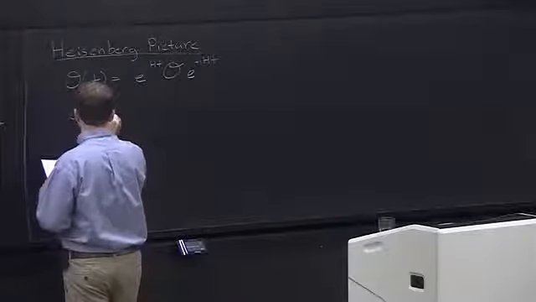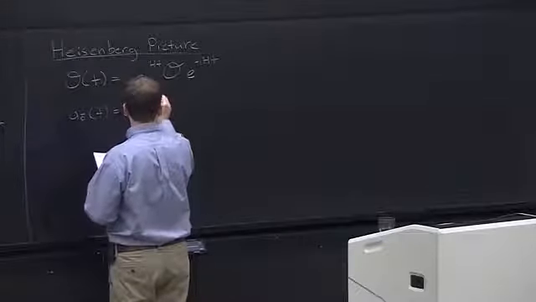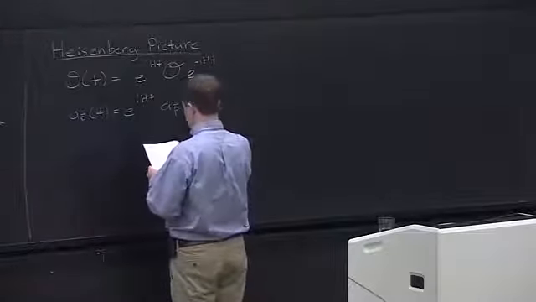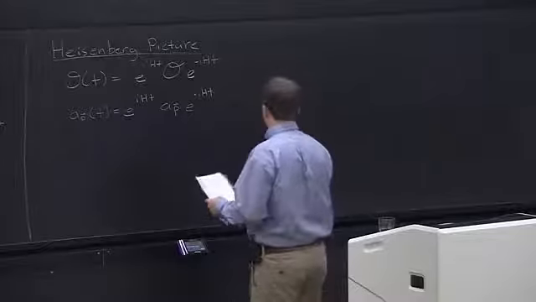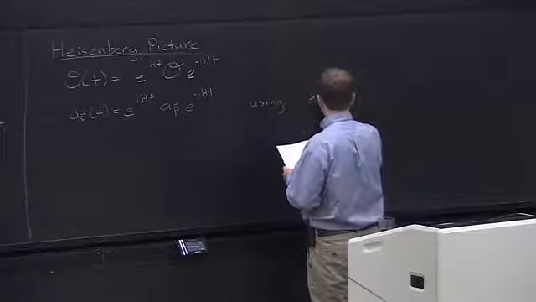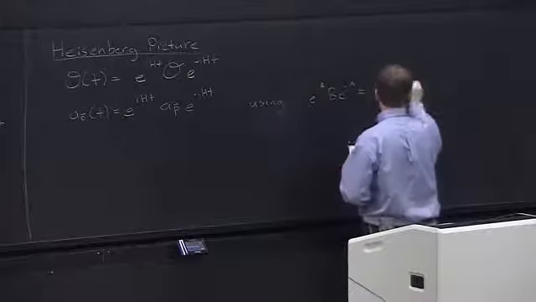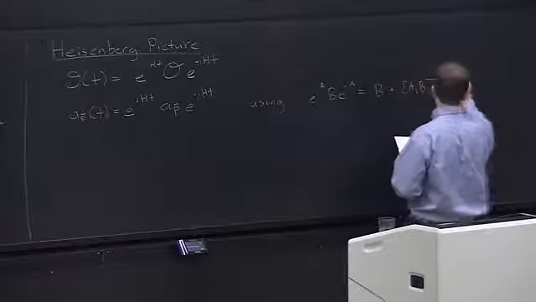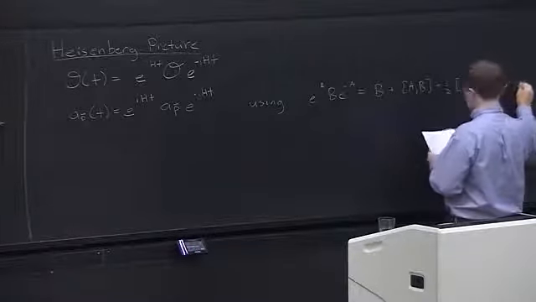So the annihilation operator in the Heisenberg picture can be found from the Schrodinger picture operator, using the BCH formula that e^A B e^(-A) is B plus the commutator [A, B] plus a half [A, [A, B]] and so on.